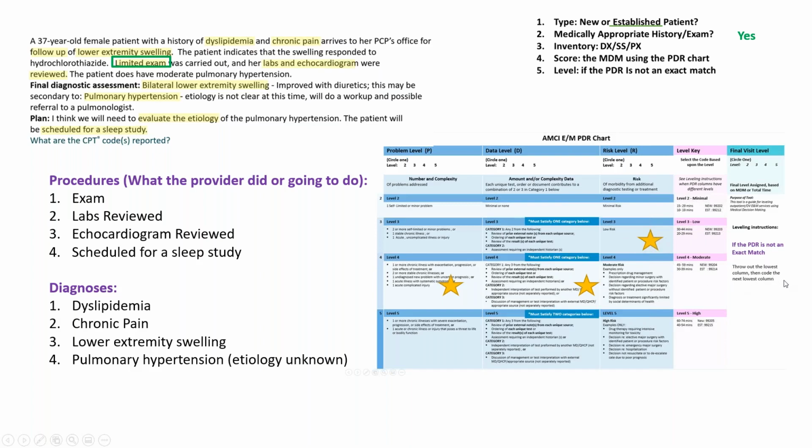Then code the next lowest column. Next lowest will be the P or the D, and they're both level 4. So let's throw out our lowest, then code the next, and we are at level 4, either 99204 or 99214. Based upon the fact that this is an established patient, our answer, 99214.